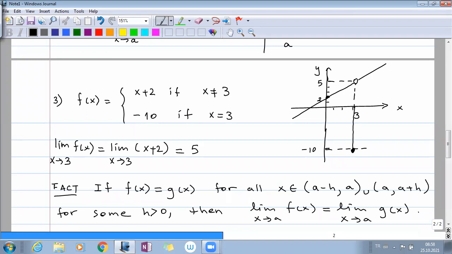If around the point a, two functions are equal, then they behave in the same way, so they have the same limit.